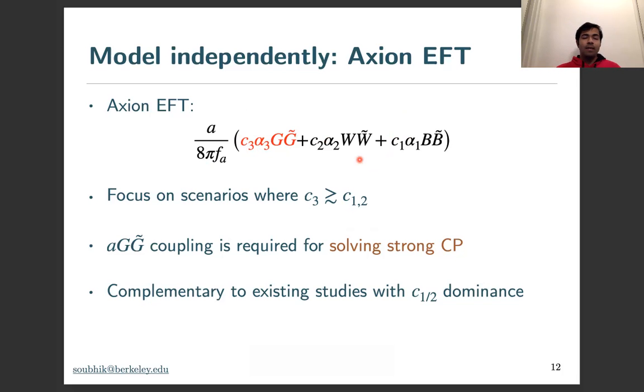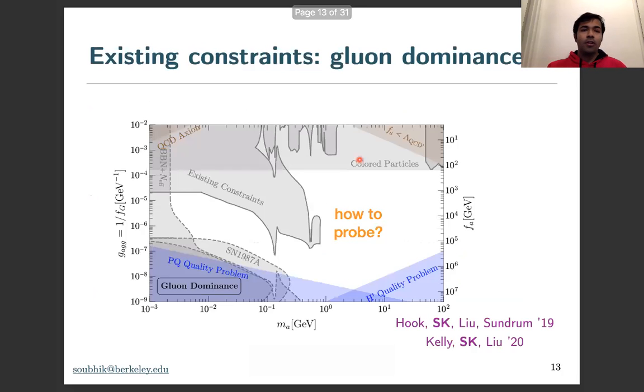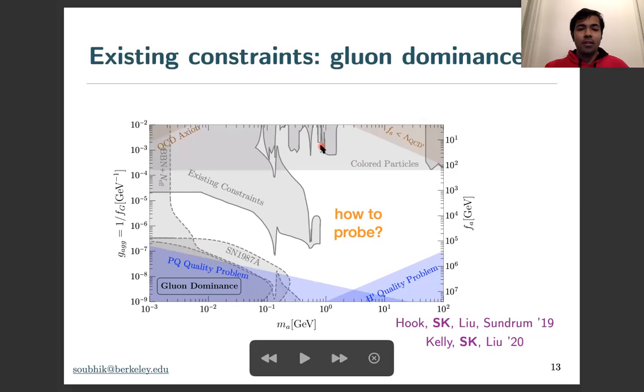Okay, so in this gluon dominant scenario where C3 is dominant, there is still a large number of constraints coming from supernova, cosmology, beam dump experiments, meson decays, and also LHC searches. However, when you put all of them together, you still see a significant part of the parameter space that does remain open.